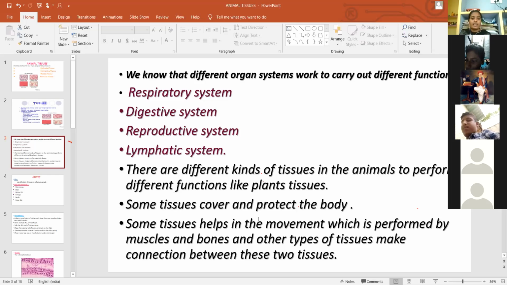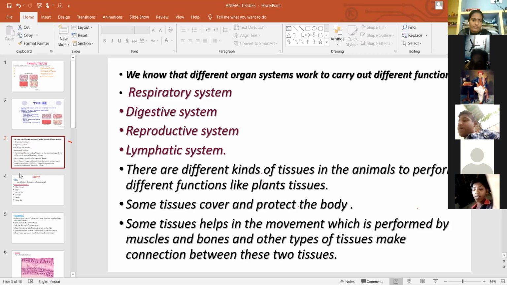And other types of tissues make a connection between these two tissues. There is a connection between muscle and bones. What is the help of bone and muscle? It helps in the movement of the animal body.